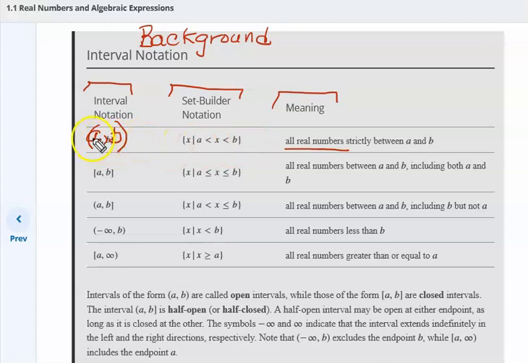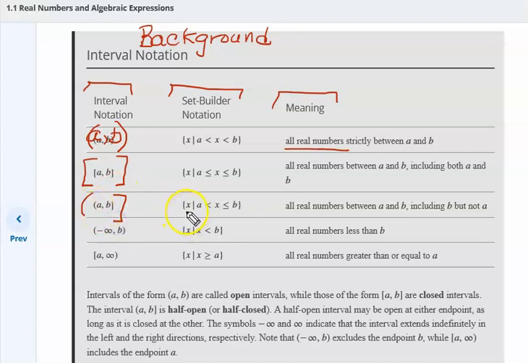Now, in this case, the value for a would not be included, and the value for b would not be included. Now, if we use brackets here, the a and the b, similar to the above, are now included in the set. And in this case, we have a parenthesis and then a bracket.